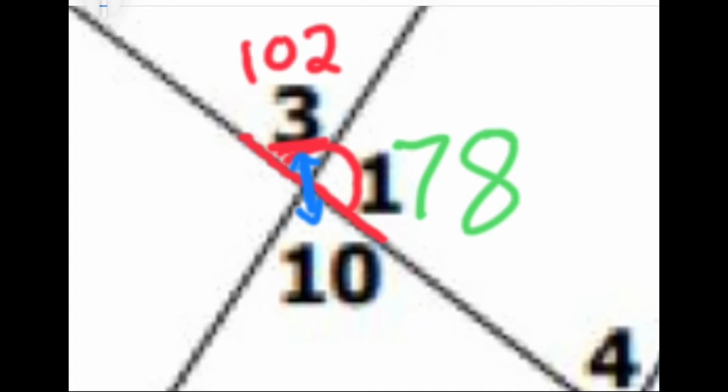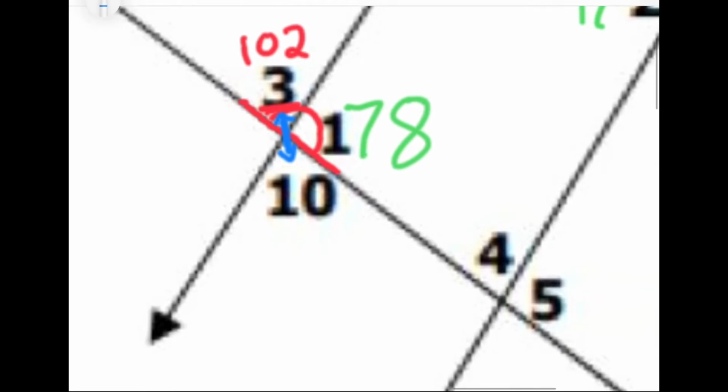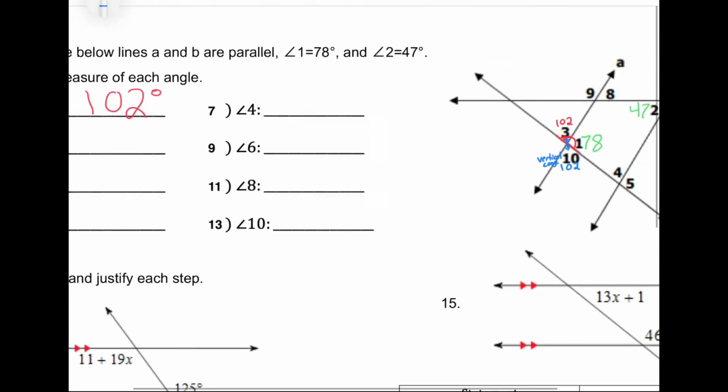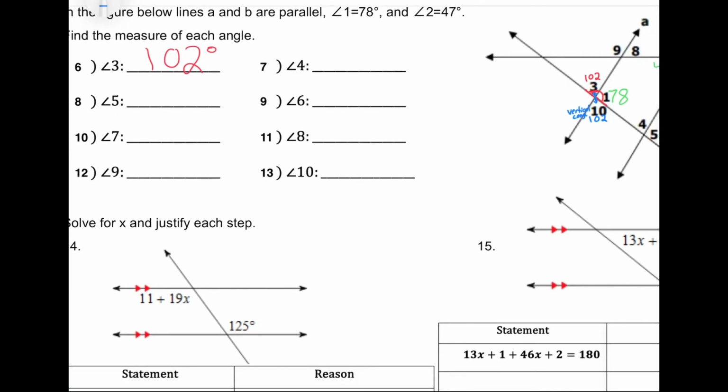So what kind of angles are they? They are vertical angles. So because they are vertical angles, they are congruent. So if angle 3 is 102, that means angle 10 is also 102. So we can fill that out. Angle 10, 102 degrees.